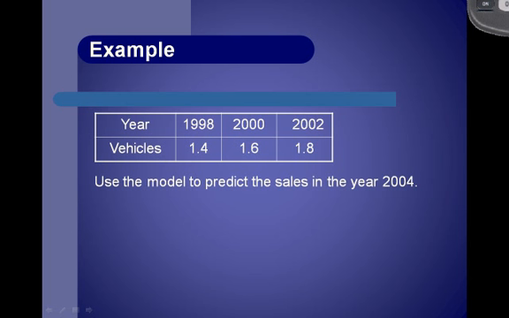Now we're going to use the model to predict the sales in the year 2004. Rewriting our formula again, we get y equals 0.1x minus 198.4. This time we're going to plug in the x value for the year 2004.